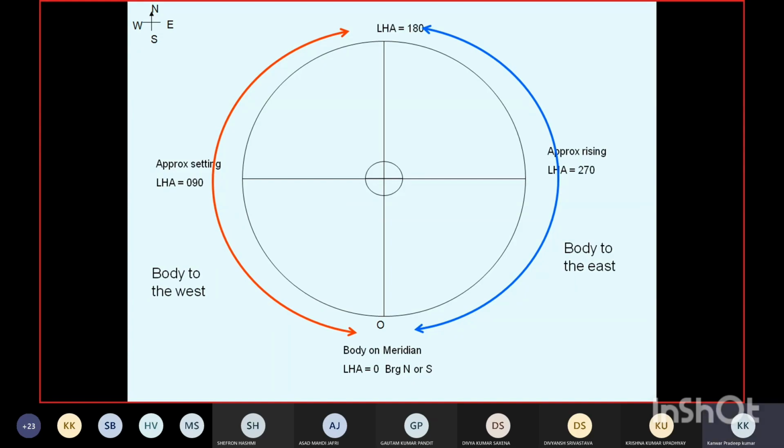From all three reference points, Greenwich, Aries and the observer, we have drawn the hour angles and seen what is GHA, what is SHA and what is LHA. And we have also seen how to calculate the longitude by the formula LHA is equal to GHA plus east minus west longitude. So with that we come to the end of this session, gentlemen.